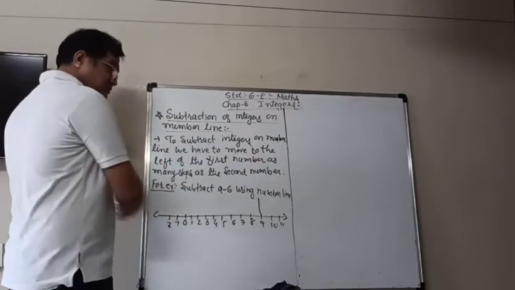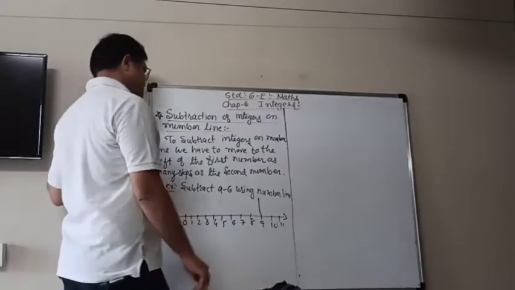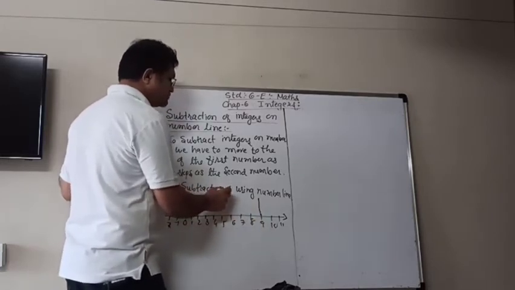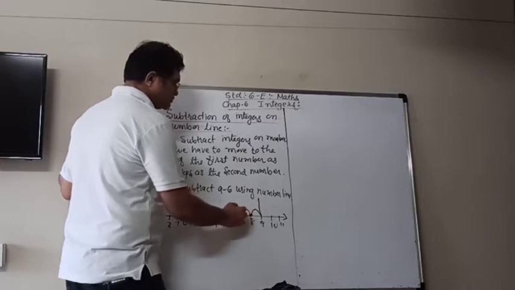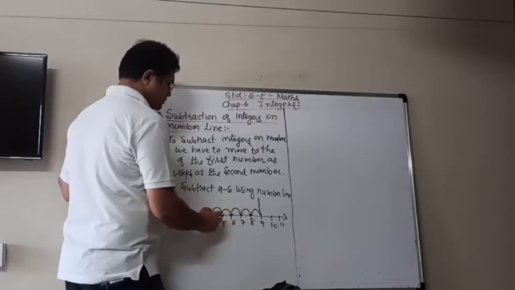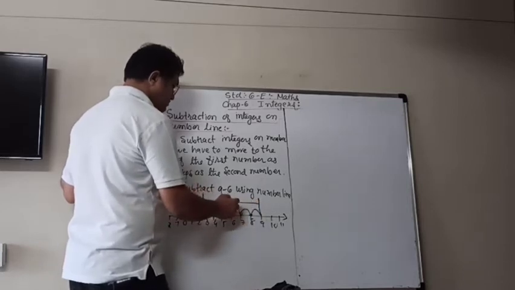Now subtraction means we have to move towards the left side. So we start from here and move left. How many? 6 steps. So first one, second one, 3, 4, 5th and 6th. So we show the arrow 6 times.